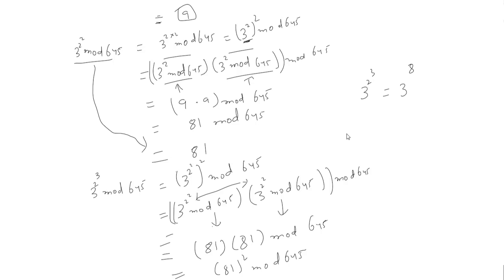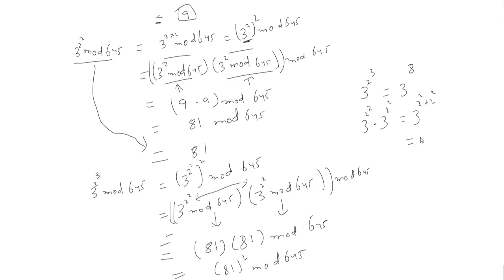Similarly, if you take the square of 3 raised power 2 raised power 2, which we are doing here, 3 raised power 2 raised power 2 times 3 raised power 2 raised power 2, it's equal to 3 raised power, since the bases are same, powers are added, 2 raised power 2 plus 2 raised power 2.